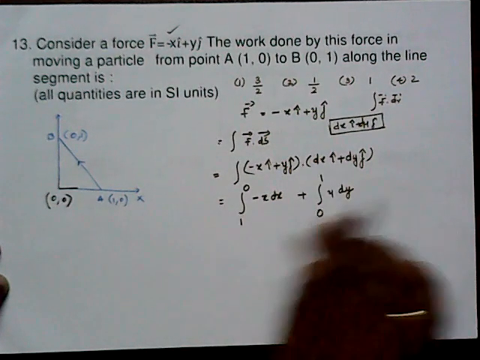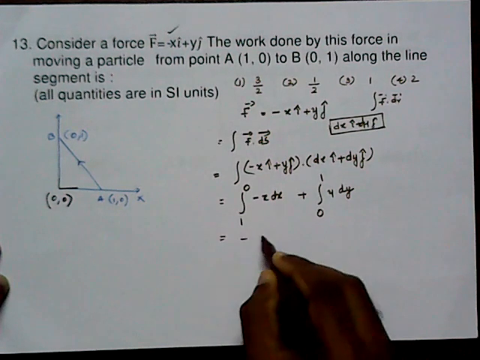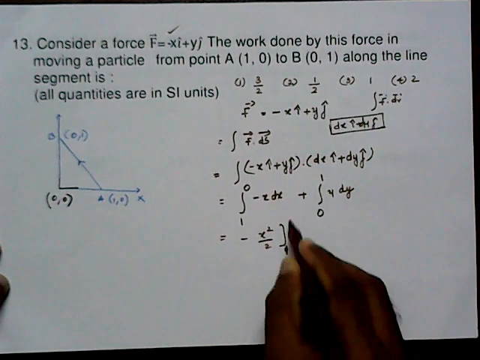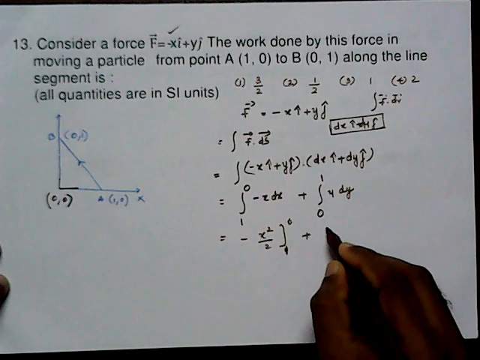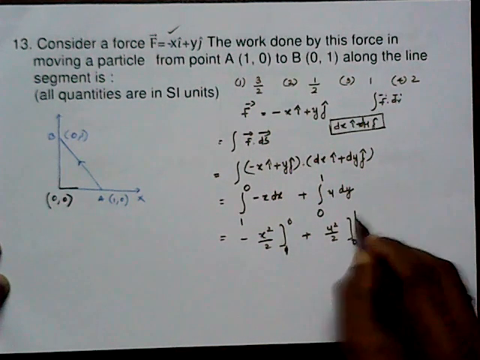So we have to integrate. We integrate the x part as x squared by 2 between the limits 1 to 0, plus y squared by 2 between the limits 0 to 1.